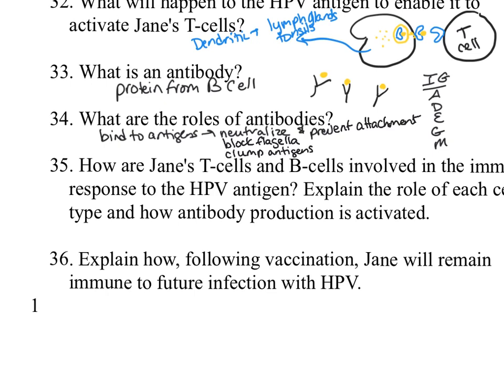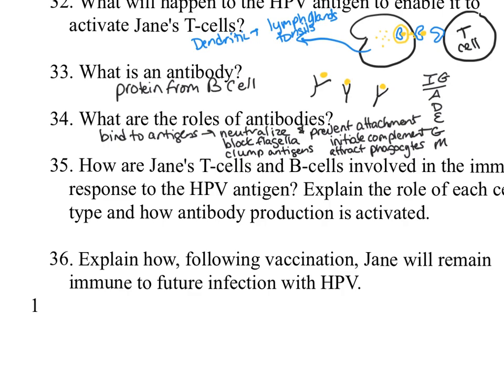And this is the process that we're most familiar with. 4, they can initiate the classical pathway of the complement system. And 5, they can attract phagocytes to the antigen. Now, I know we didn't cover this in the lecture video. However, you will be covering this in microbiology, so I've left this question in.